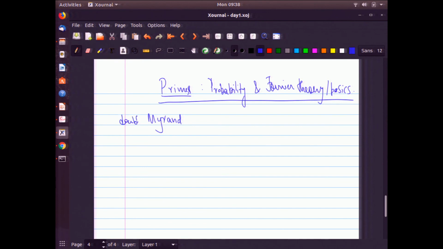So let's say we want to generate a double, and let's say this is our function. Now, what is the code you put here?